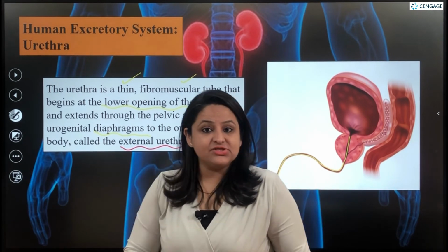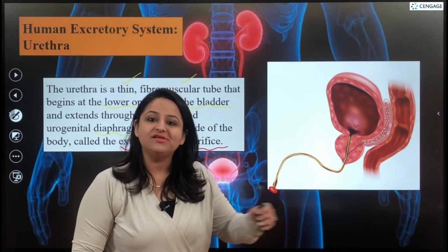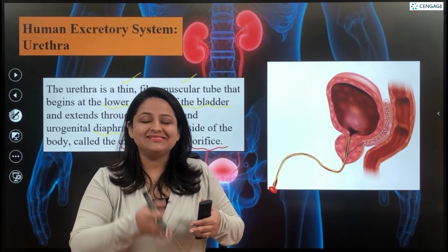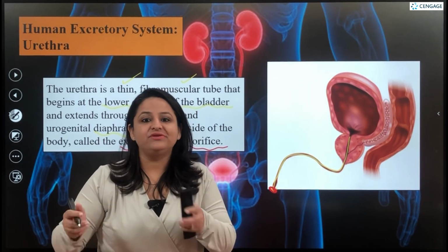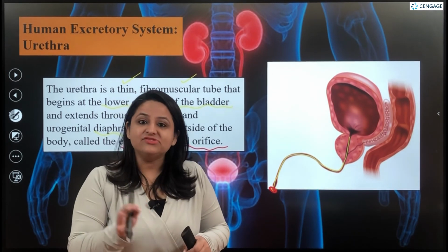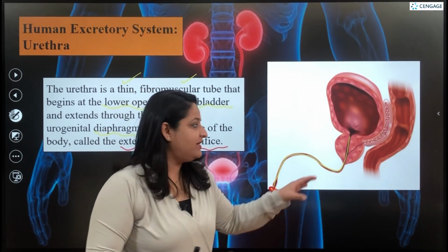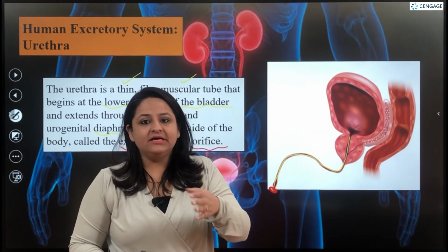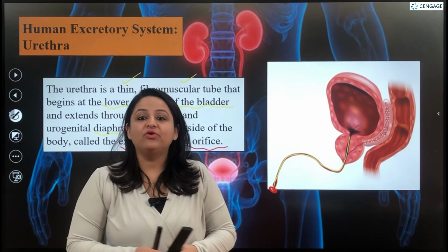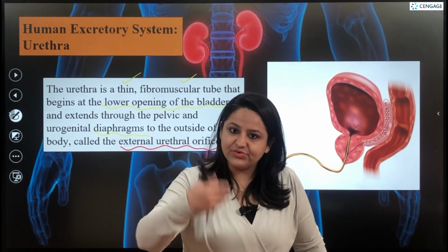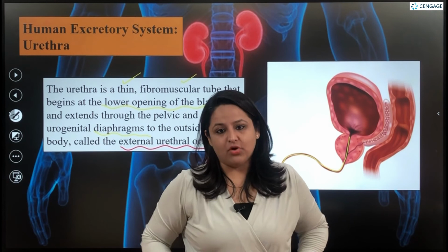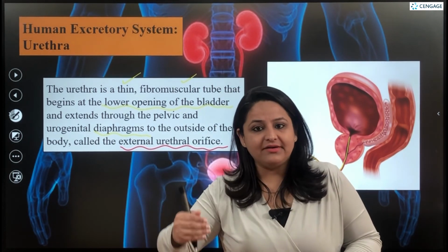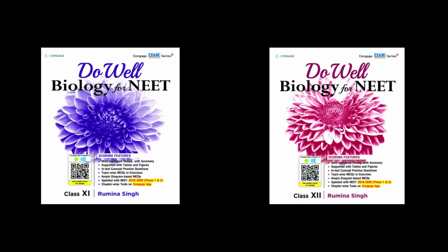In the case of males, you can have a look over here, the urethra is comparatively much longer, and it is present inside the male copulatory organ that is known as the penis. Whereas in the case of females, the urethra is comparatively much shorter, and again by the help of the external urethral orifice, it releases the contents outside the body. So this is about the ureters, urinary bladder as well as urethra.